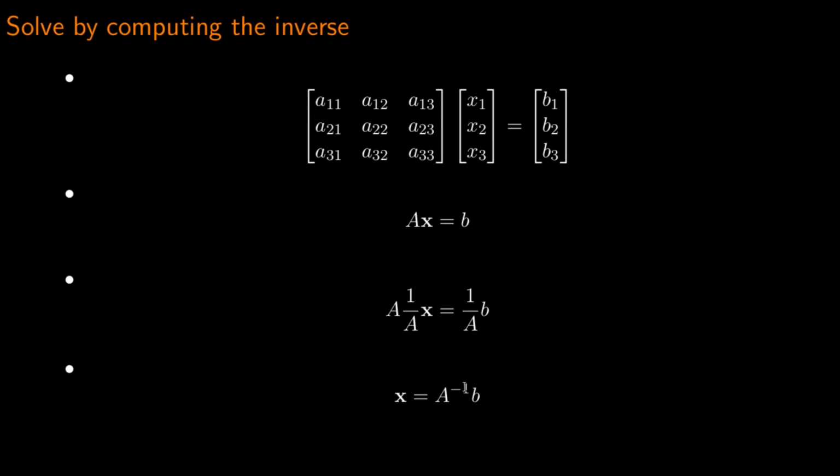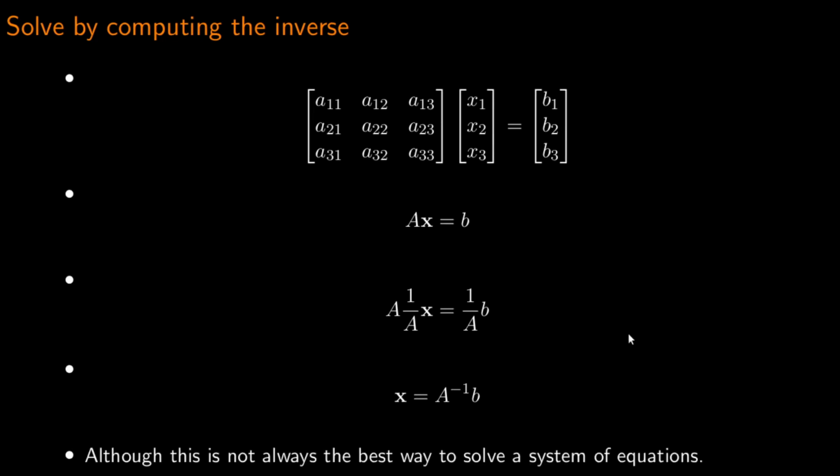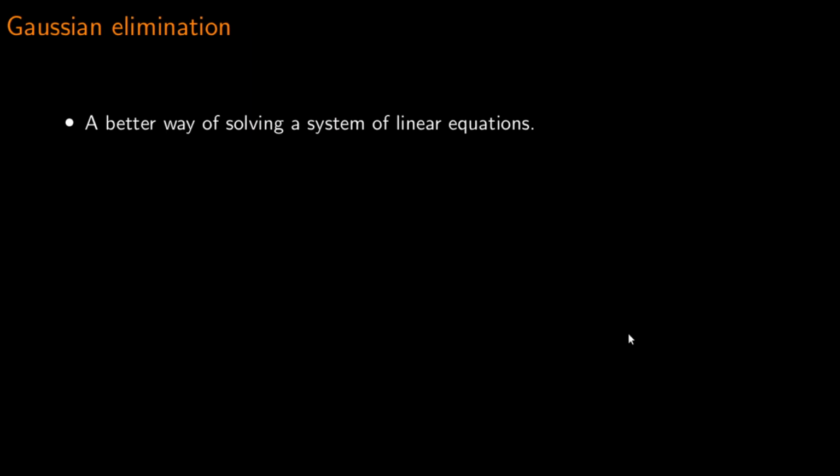And where A to the minus 1 is, of course, the inverse of this matrix. And that would indeed give us the solution to the system of linear equations, although that is not the best way generally to go about solving a system of linear equations, because it is not the most efficient way of doing it. So the other way of doing it is called Gaussian elimination.